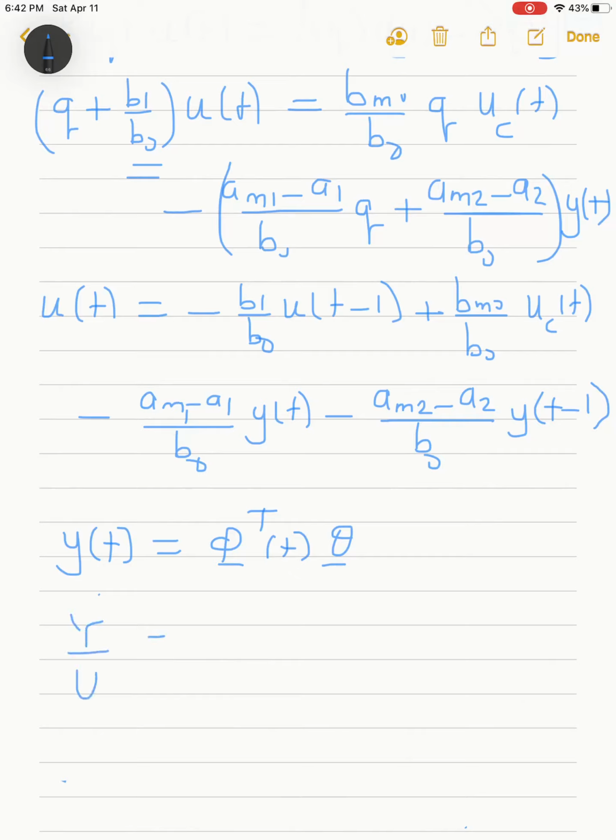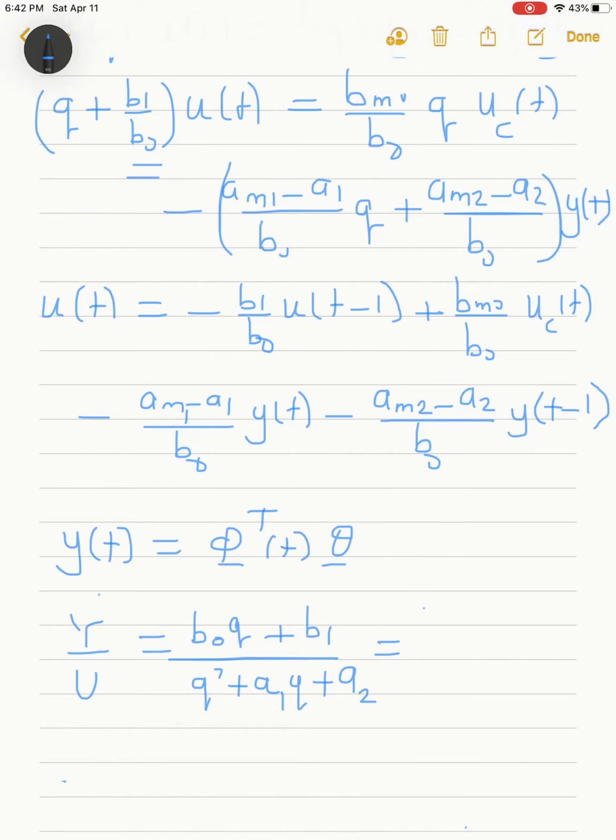We know that y over u is equal to b node q plus b1 over q squared plus a1 q plus a2. In order to find an expression for y of t, I will multiply the numerator and the denominator by q to the minus 2.